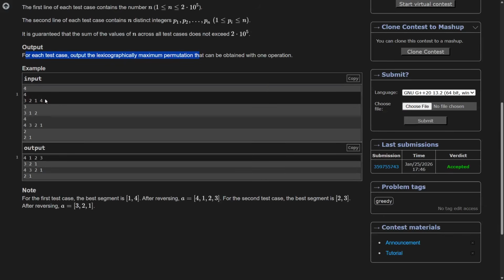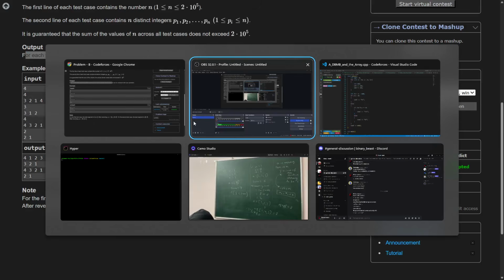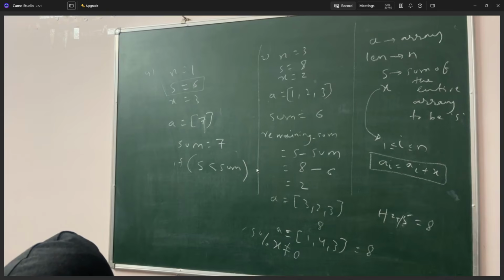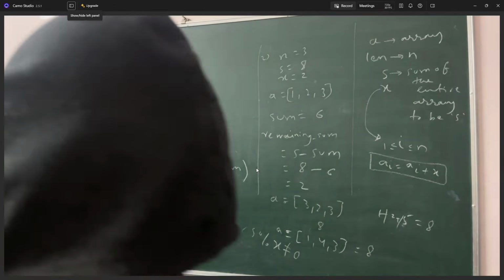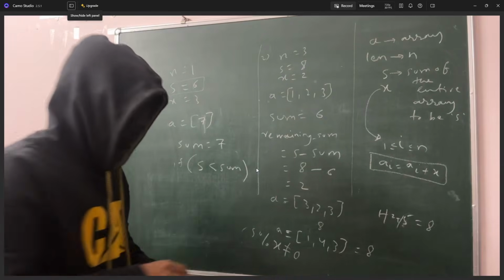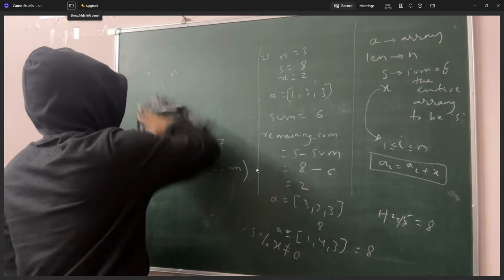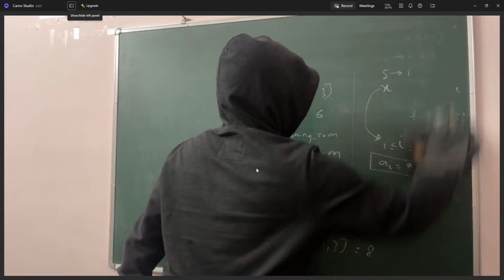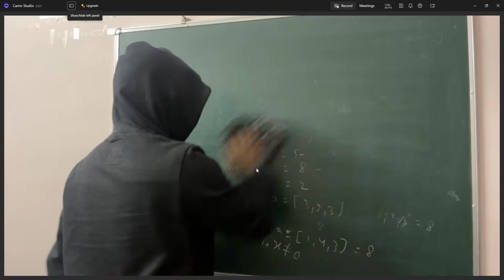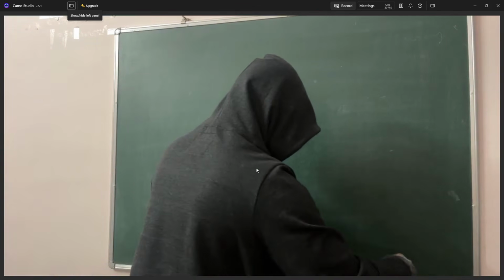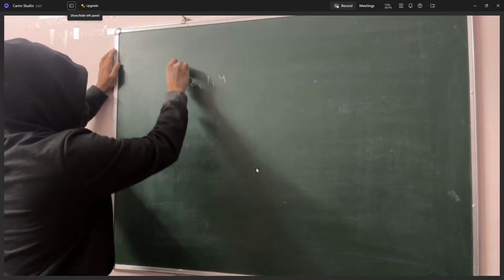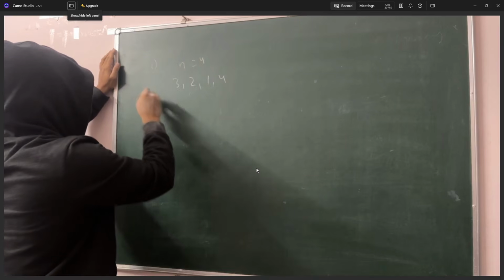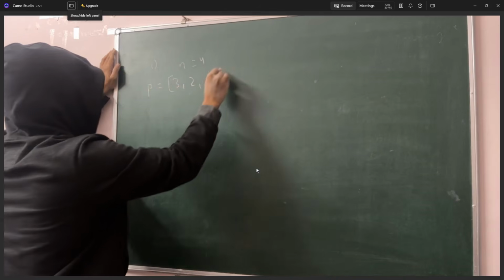Let's consider for example n is 4 and the permutation is 3, 2, 1, 4. So n they've given is 4 in the first test case, and your permutation is 3214.